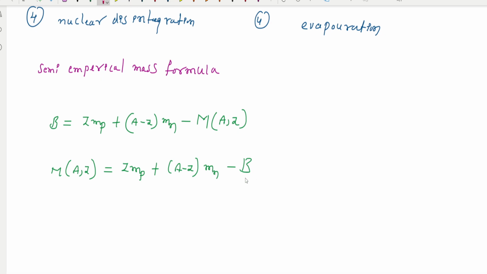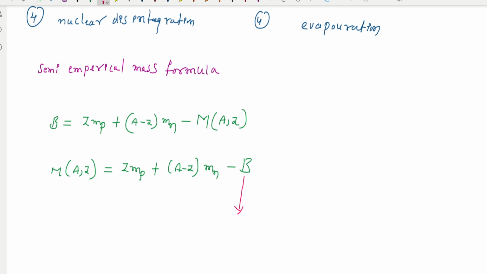Okay. So based on this binding energy, almost five terms are there. Five terms. So you already know, right?